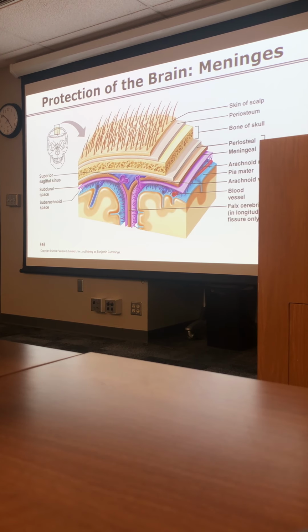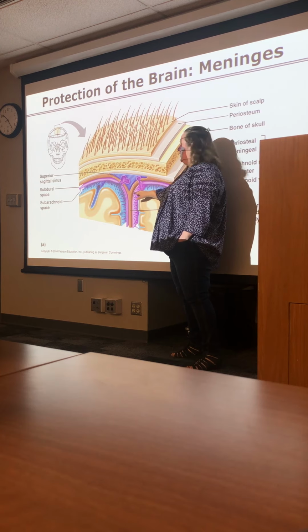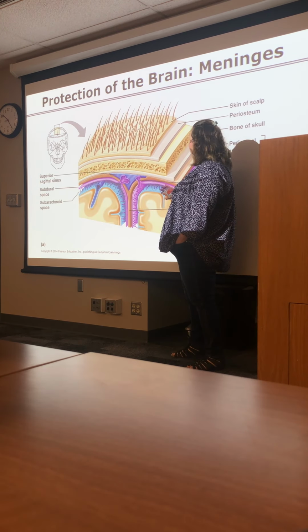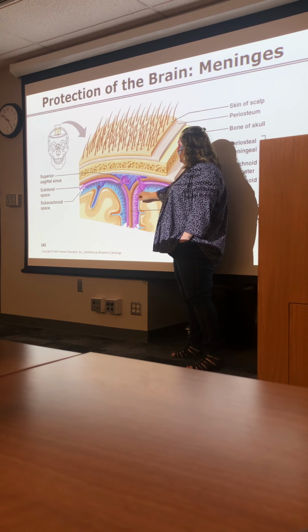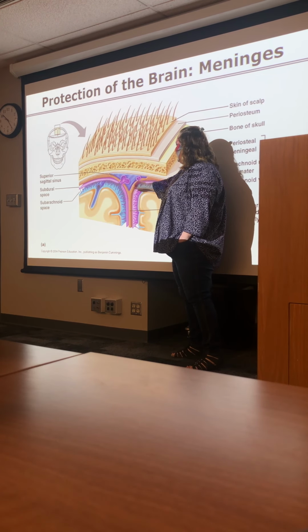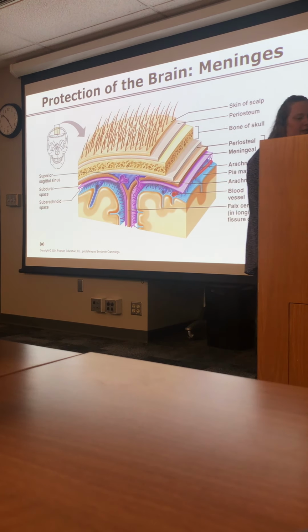And that subarachnoid space is an actual space that contains cerebrospinal fluid. So CSF is between the pia mater and the arachnoid mater. And so the CSF can get up into the arachnoid granulations and then be reabsorbed into the bloodstream in the superior sagittal sinus.